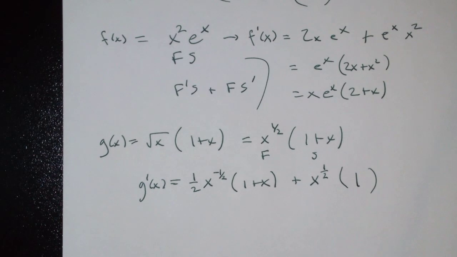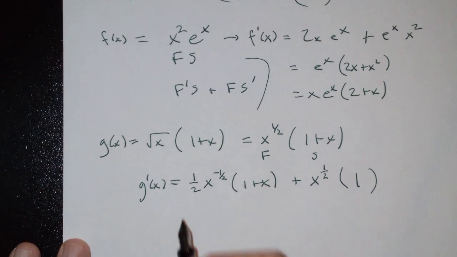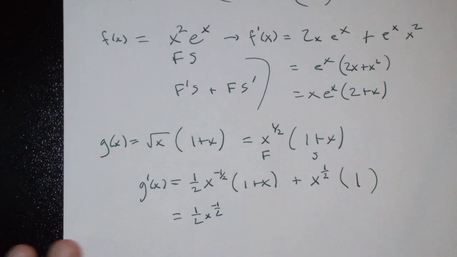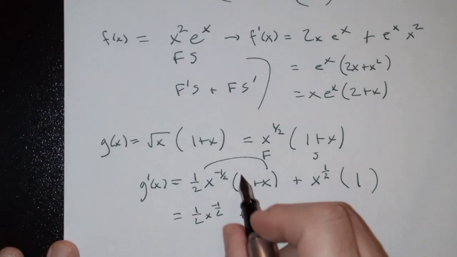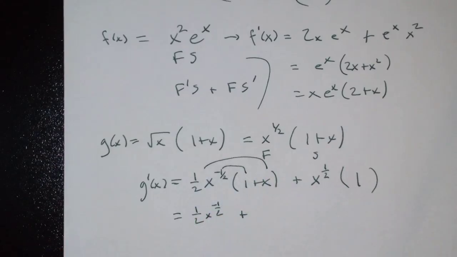I'm going to simplify this so I can compare it to the version we're going to get when we do this the other way. So I'm going to multiply this through. And I get 1/2 x to the negative 1/2 times 1. When I multiply this by the x, what do I get?